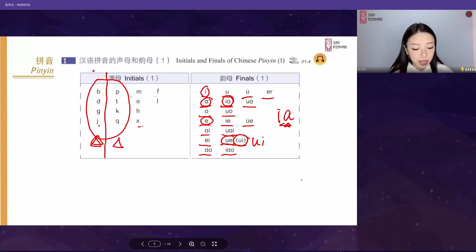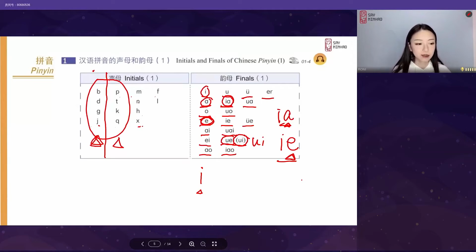And for example, like in this final, is actually e. And E itself is pronounced as E, but sometimes it can sound different, so these can be different. So don't panic when you find it sounds different from what you imagine, okay?